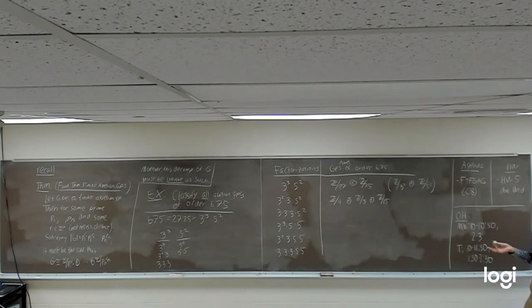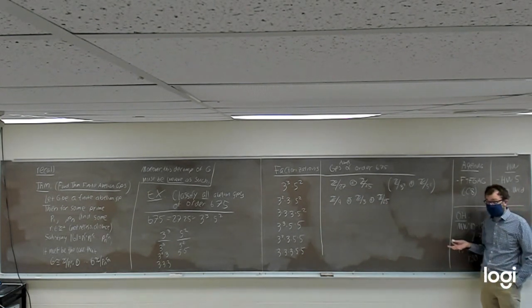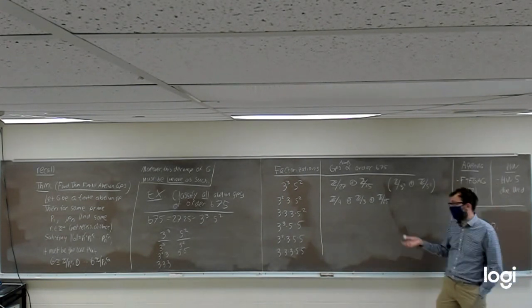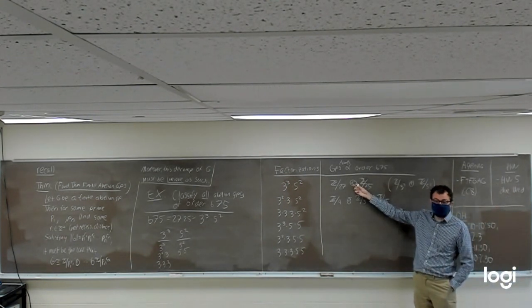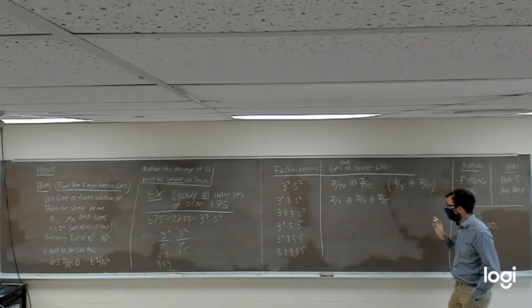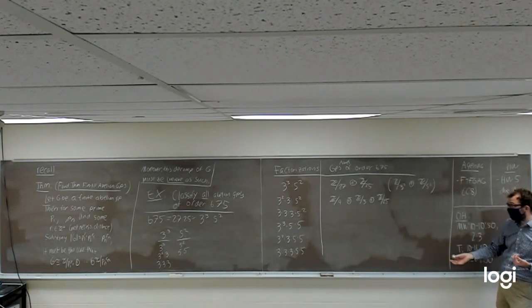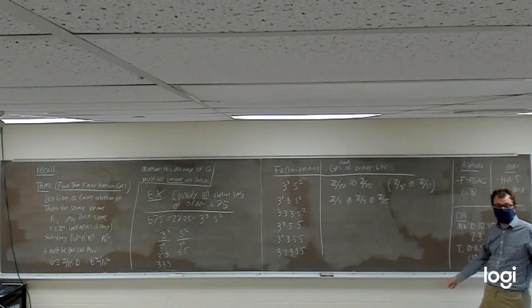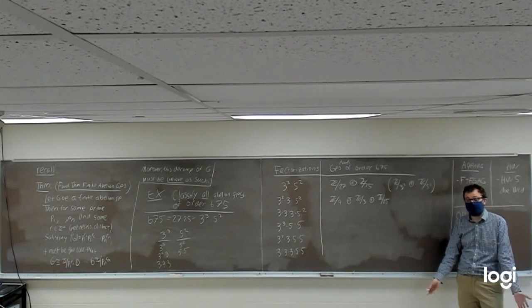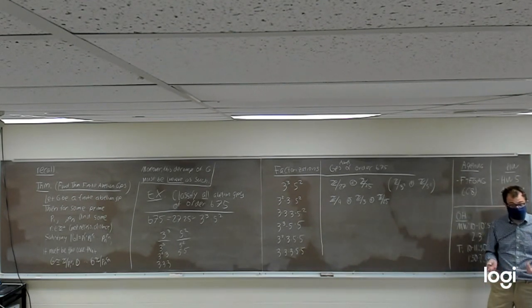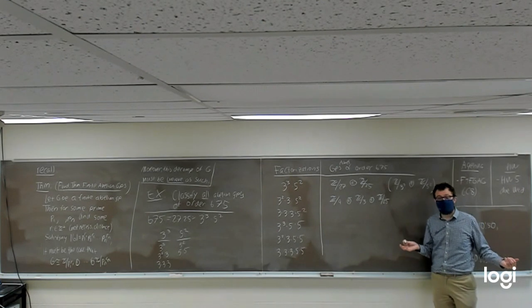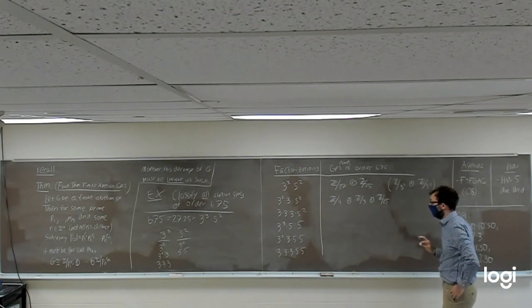And so another abelian group of order 675, a distinct one, meaning it's not isomorphic to the one before it, would be take Z mod 9, Z mod 3, Z mod 25, and then smush them all together using a direct product.